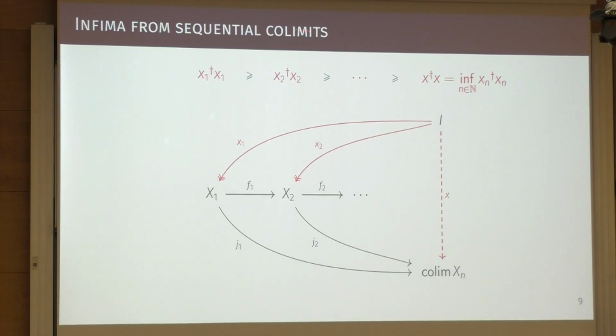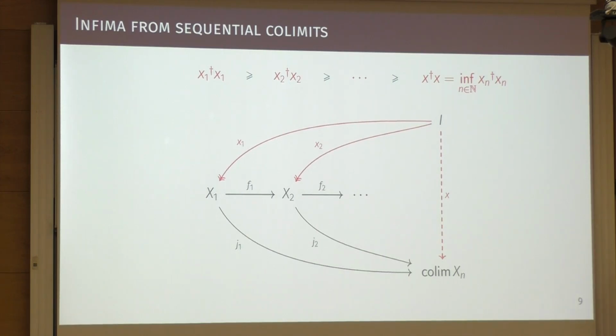And how this works is, well, if I have some other positive scalar that's less than or equal to everything in the sequence, the contractions realizing those inequalities are going to form another cocone on this sequential diagram. Then you use universality of the colimit cocone to get a contraction that realizes the fact that that scalar is less than or equal to x dagger x.